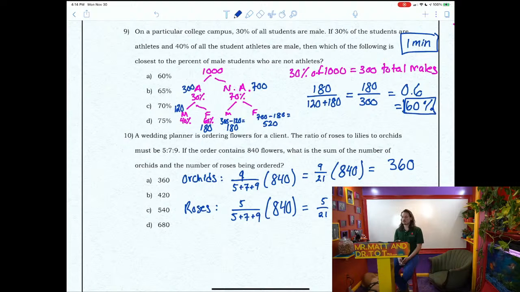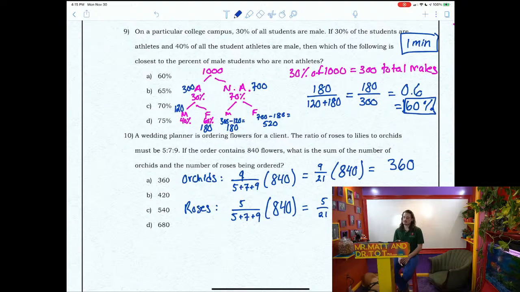They say that 40% of the athletes are male, so then 120 are male, and 180 or 60% would be female. 70% of the 1,000 students are not athletes, so that means that there's 700 non-athletes in this hypothetical situation. And they say that 30%, totally separate just in the first sentence of the question, 30% of all students are male. So I know 30% of 1,000 or 300 total males are at this university.